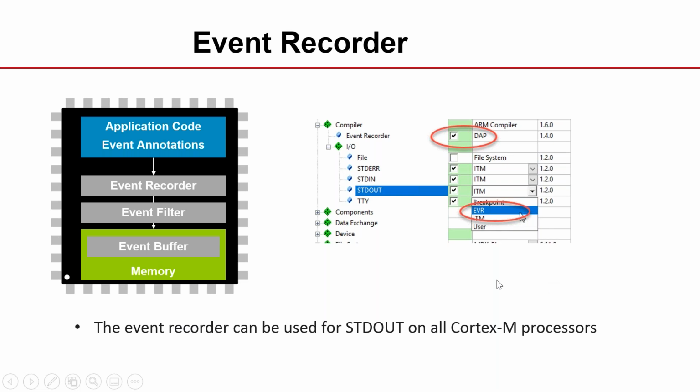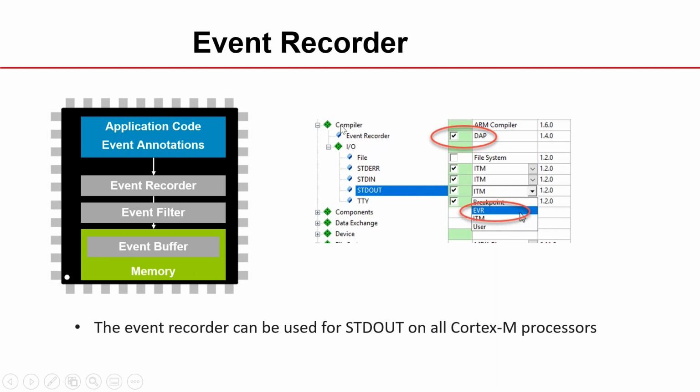The debugger can then read the memory buffer, and that's non-intrusive, and upload that to display all of the event annotations in the debugger. So this technology works on all of the Cortex processors, including M0 and M0+, and we can also use it as a printf style debugger as well.